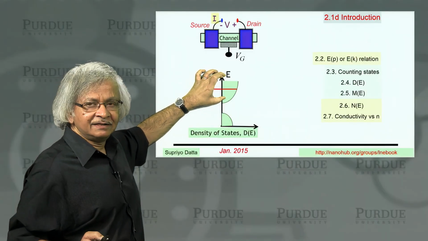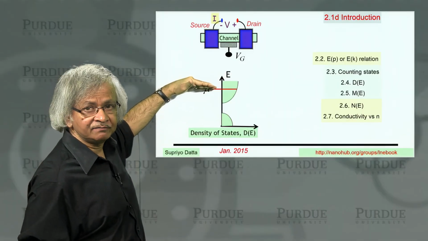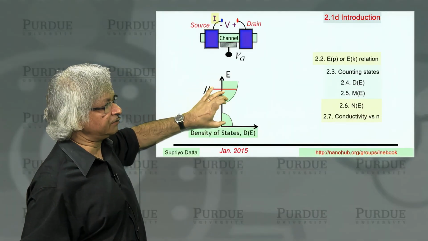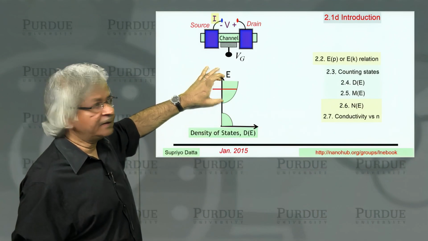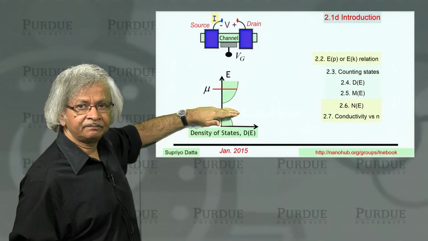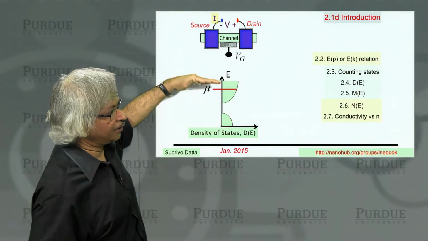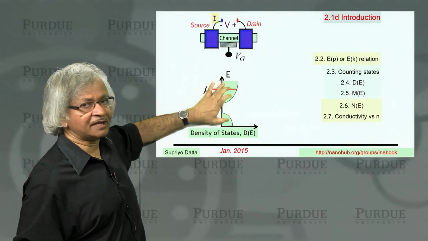And since conductivity depends on where the chemical potential is, you can change the conductivity. If you raise it enough, you can stop the current altogether if the chemical potential happens to get into the gap. There are two ways of thinking about it. One is chemical potential is fixed, we move the energy levels up and down.